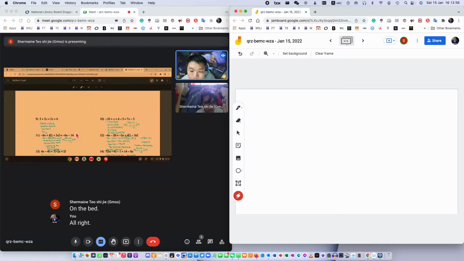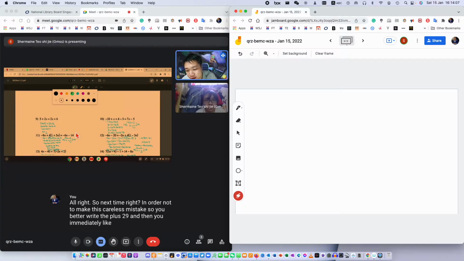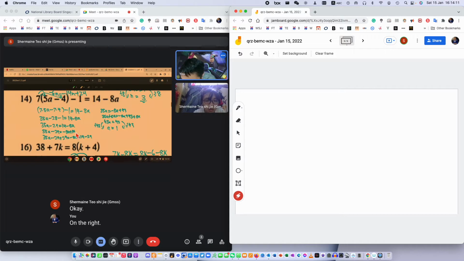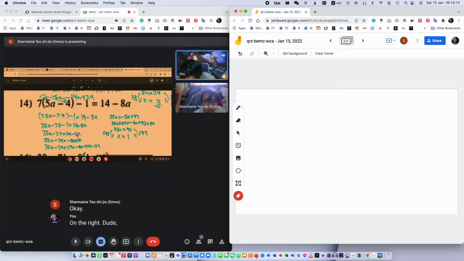So next time, in order not to make this careless mistake, you better write the plus 29, and then you immediately write the plus 29 on the right. Can you see where is your plus 29? So you have a plus 29 on the left.